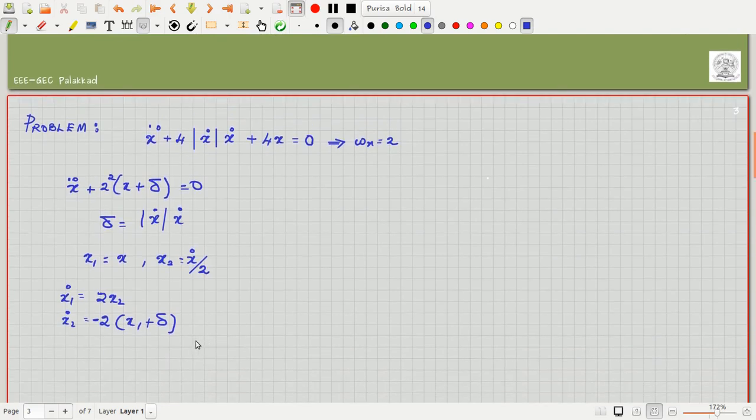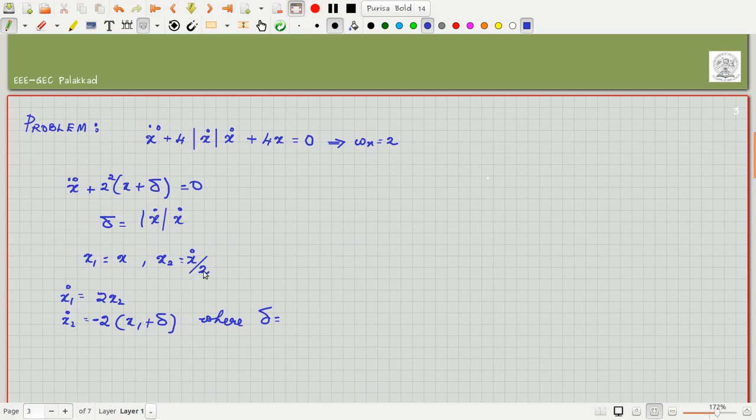So what is delta in terms of the state variables? x dot is equal to 2 times x2, and the modulus of x dot is positive since we have taken the absolute value.